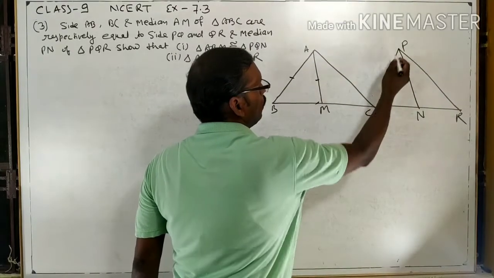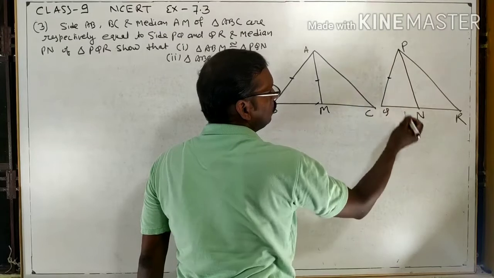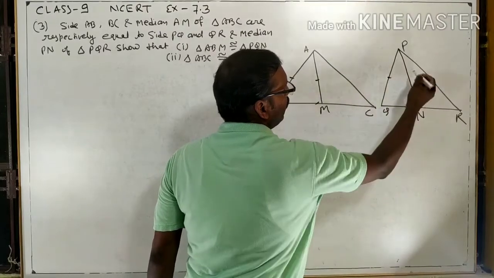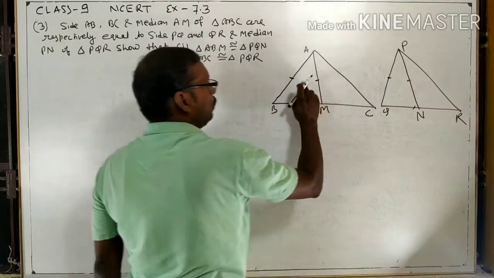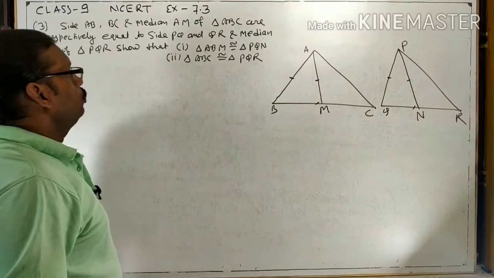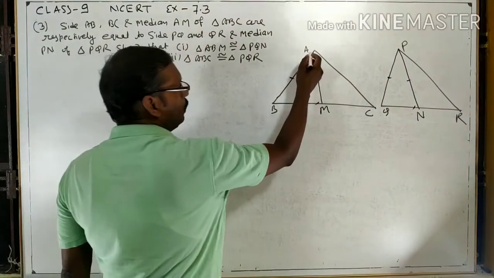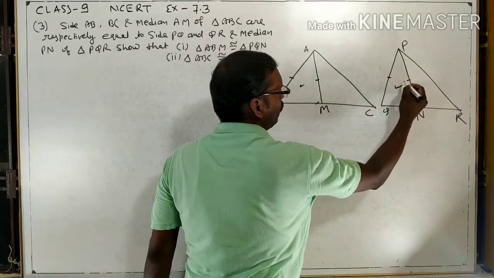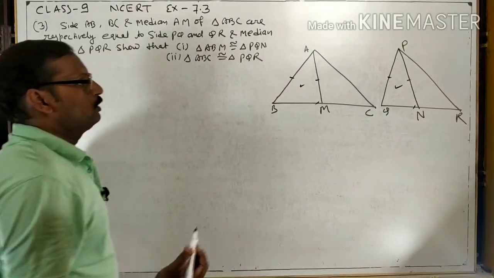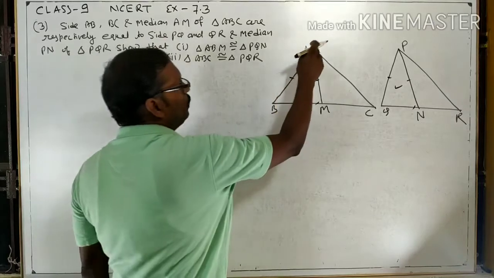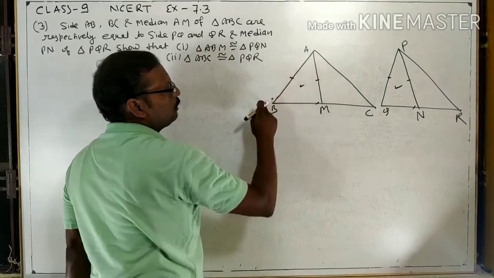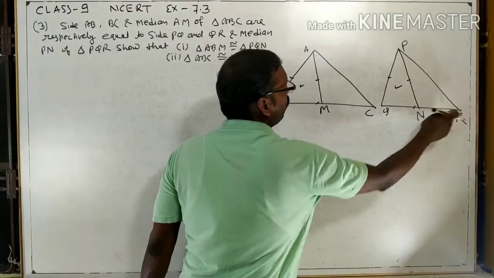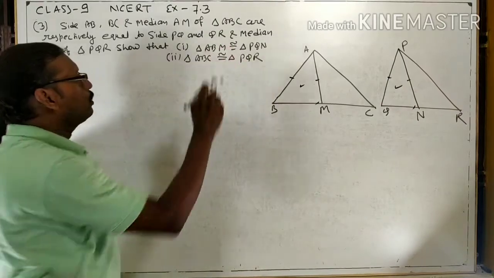We have to prove that triangle ABM and triangle PQN are congruent, and second, that whole triangle ABC and triangle PQR are congruent.